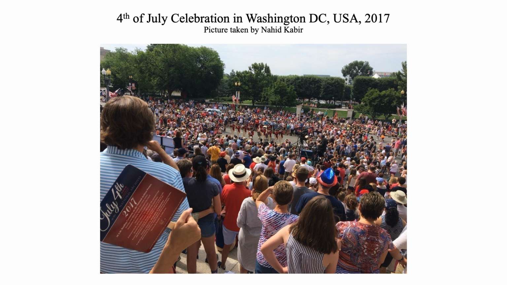In this slide, the 4th of July celebration in Washington, D.C., USA, 2017. We can see Americans were celebrating the 4th of July, American independence, that took place officially in 1776. At that time I was in the United States, in Washington, D.C. I was an adjunct professor at Georgetown University, so I was there for some time.